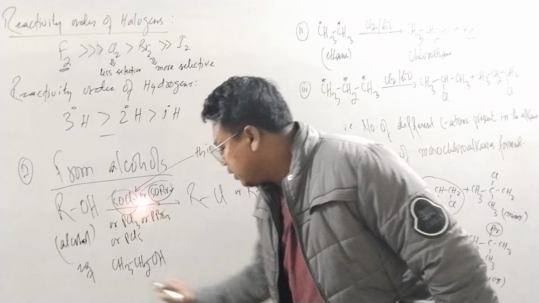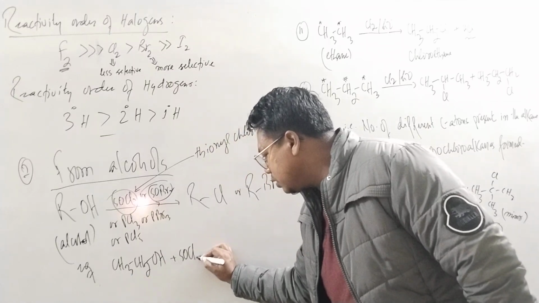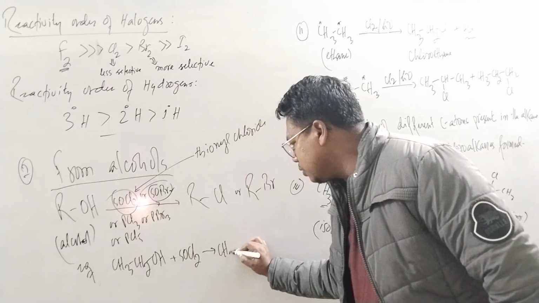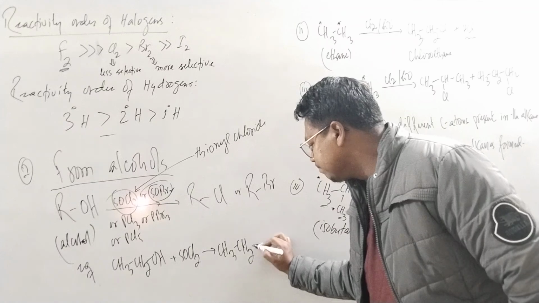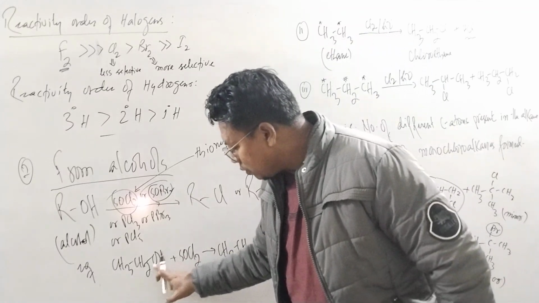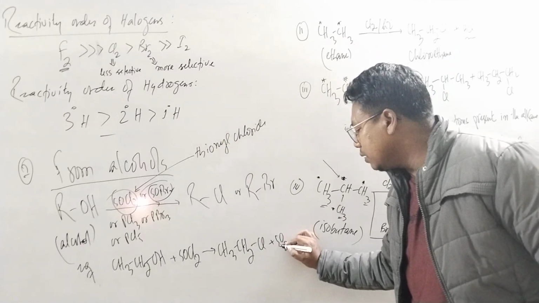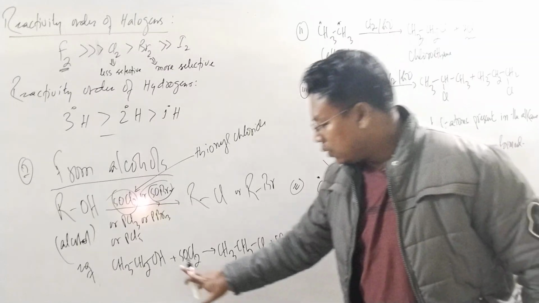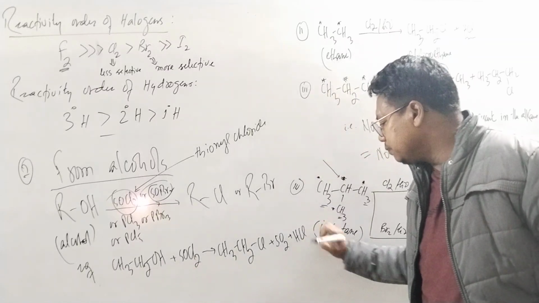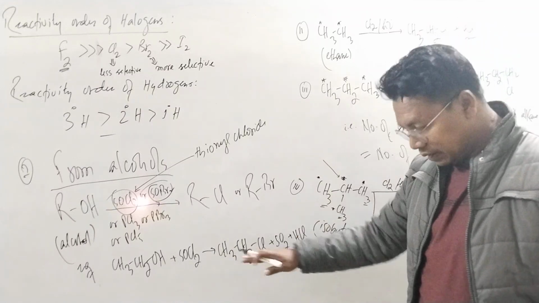When this ethanol is reacted with SOCl2, this OH will be substituted by Cl. This SO and this O combine to form SO2. SO2 is sulfur dioxide. One hydrogen and one chlorine form HCl.